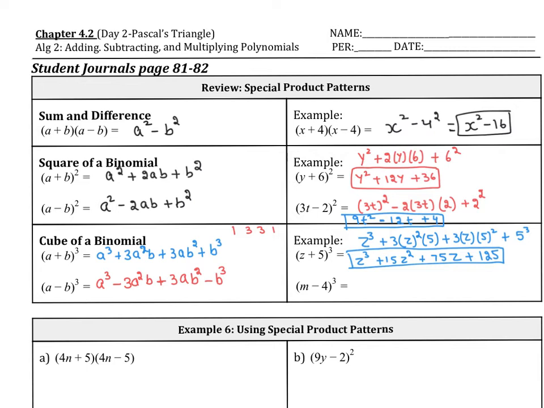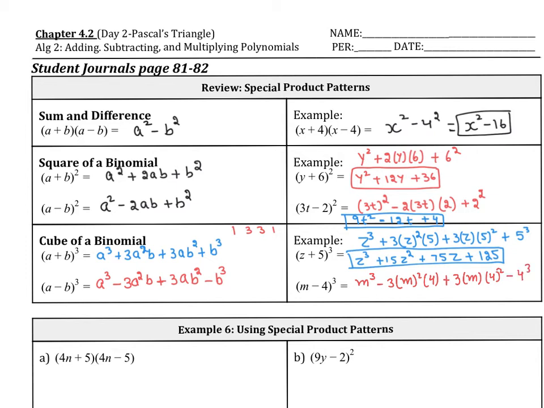So all I'm going to do in this case is plug in a as m and b as 4. So what I'm going to get here is m cube minus 3m squared times 4 plus 3m times 4 square minus 4 cube.